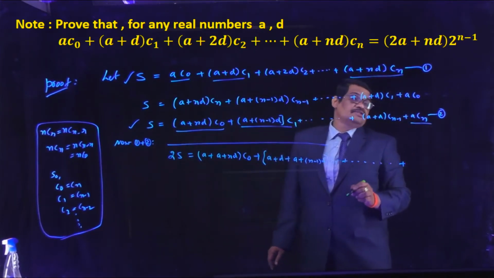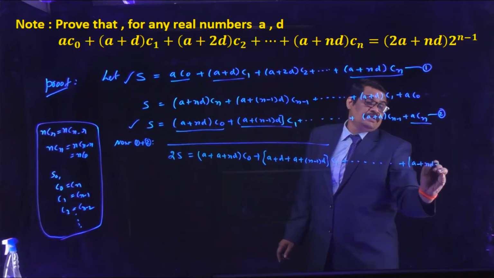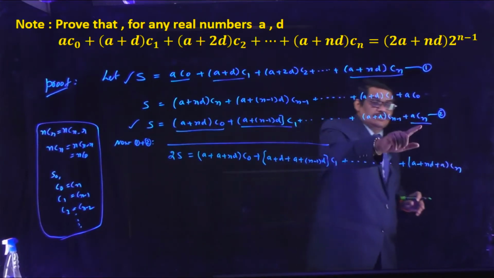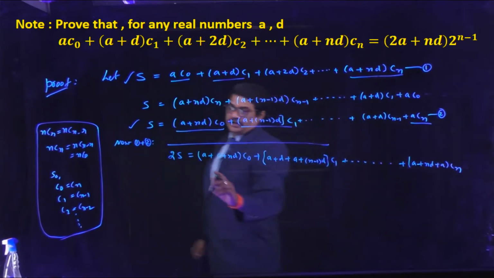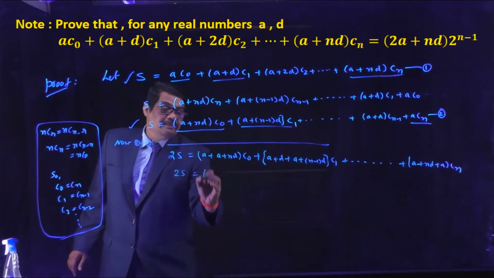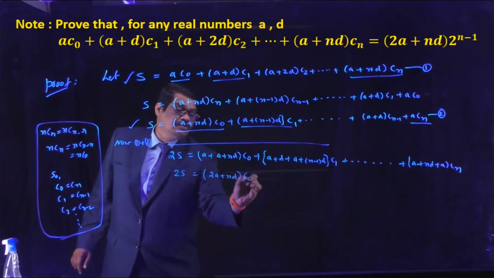Here in equation 2, Cn is common, so we are getting A plus Nd plus A into Cn. In this Cn is common, A plus ND. Now we observe 2S is equal to A plus A, that is 2A plus ND into C naught.